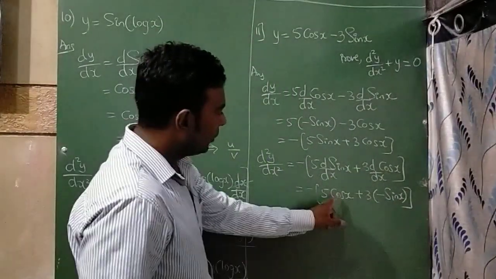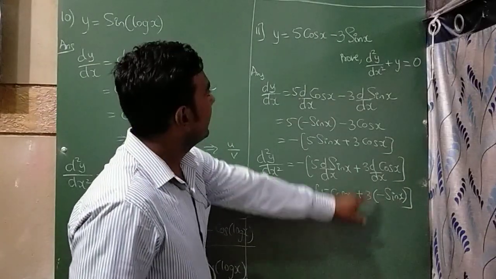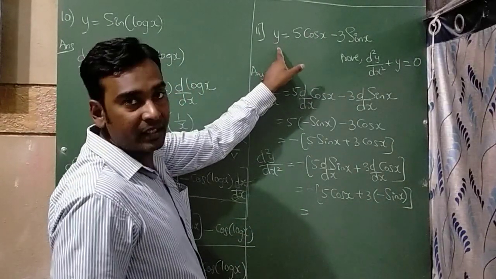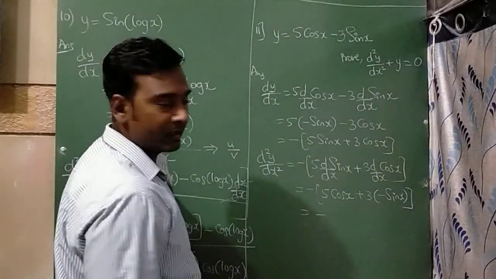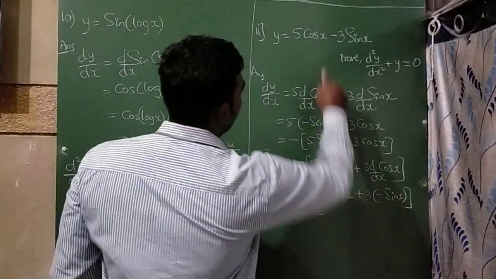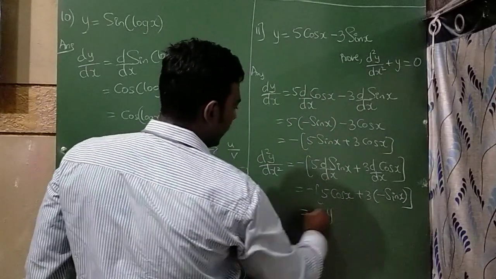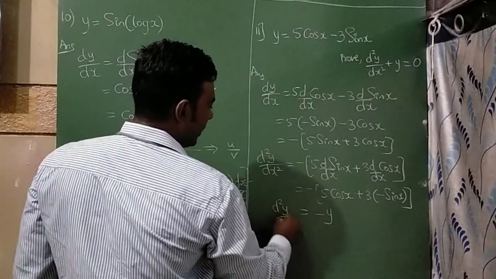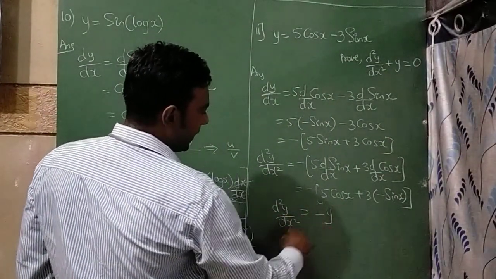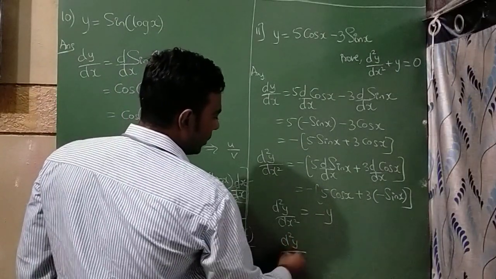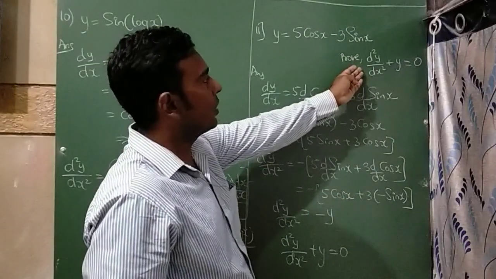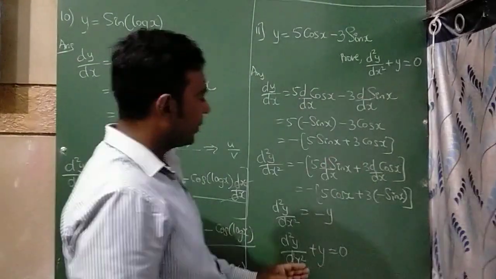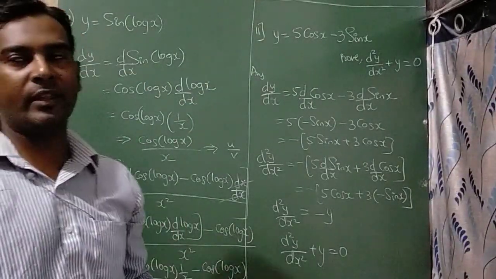Now here you can see this is the same as y, the given question. So I'll write this minus as it is. This whole term is nothing but y, so I'll write here y. So d square y upon dx square, take this minus y on the left hand side, so it will become plus y is equal to 0. So this is what we have to prove. I hope you understood this. Let us move on to the 12th question.